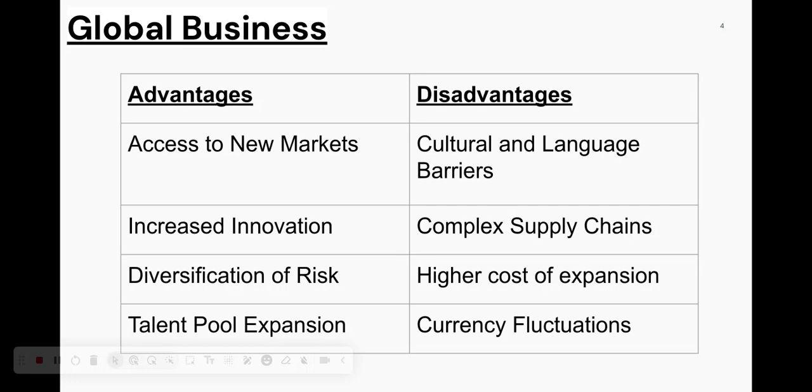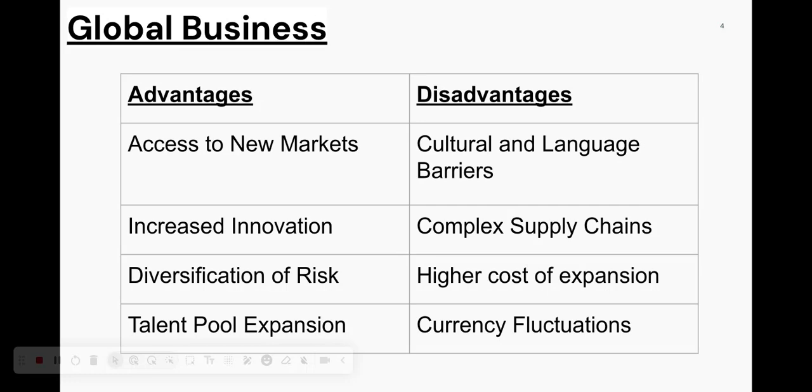So with increased innovation, you're not only getting new resources, but you're getting exposed to all these different cultures, these ideas, these ways of solving problems. You're going to have so many more creative ways to solve a problem other than just your own perspective. And this can help a lot when you sometimes hit a wall with your business or you don't know what to do.